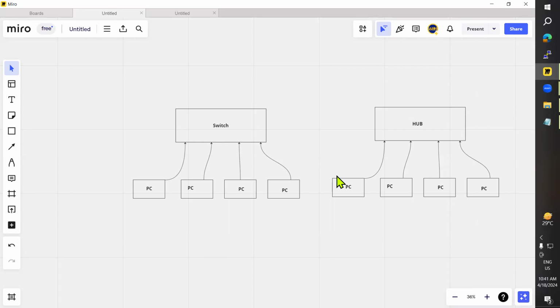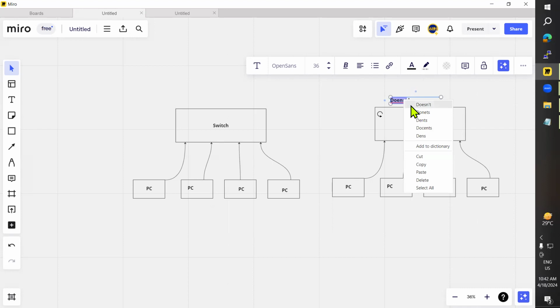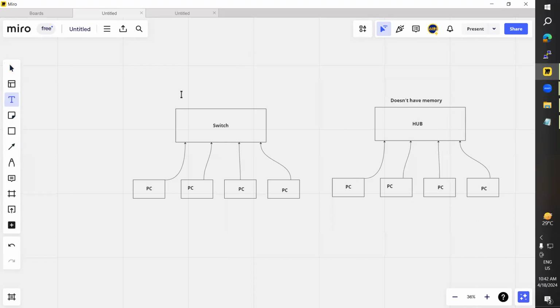So a hub also forms the network. But what is the difference between hub and switch? For example, this PC wants to communicate with this PC, but the hub doesn't have a memory. The switch has.